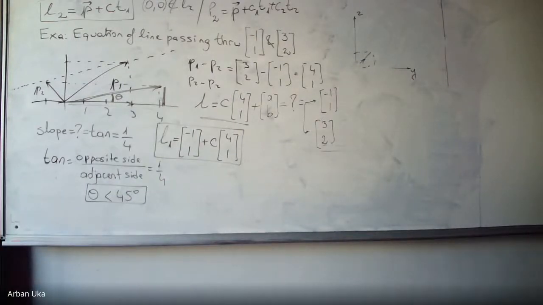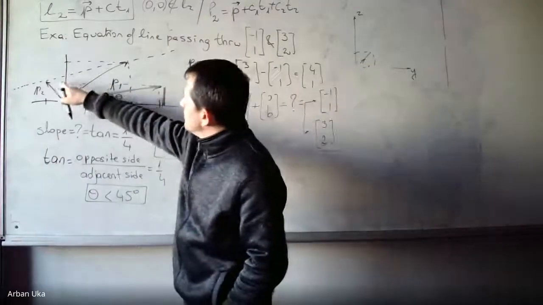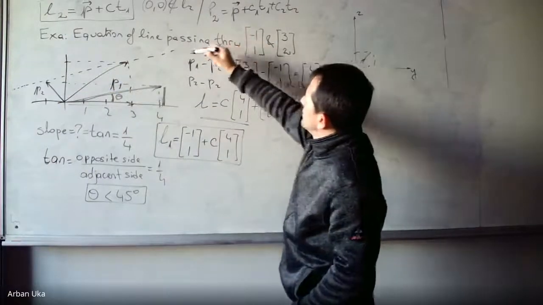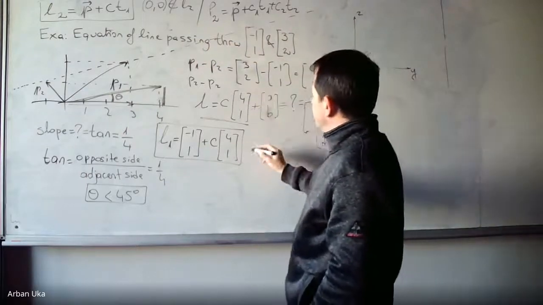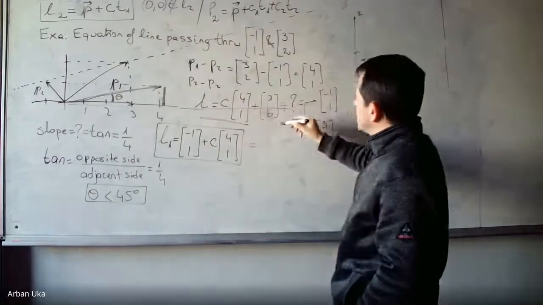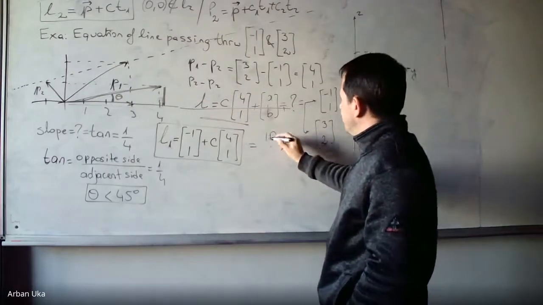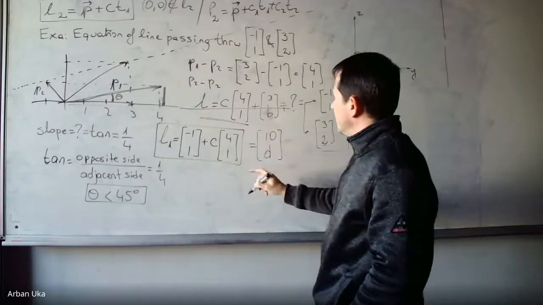Now, we can also ask the following question. Let's say this line of interest is going somewhere like this, it will extend and go like this. What if somewhere here, imagine you put x = 10, point d.